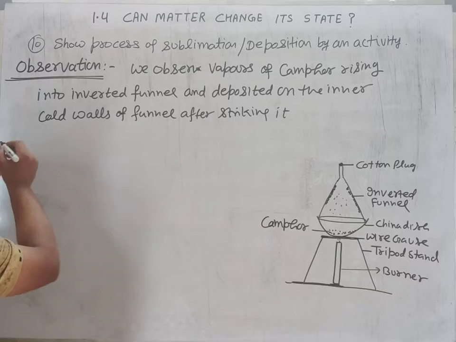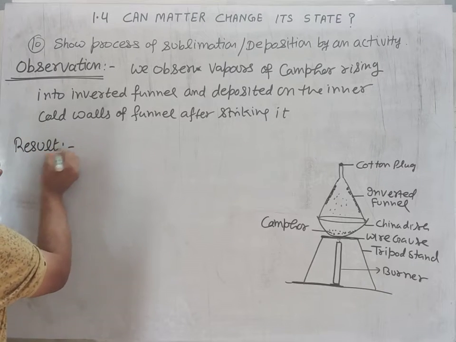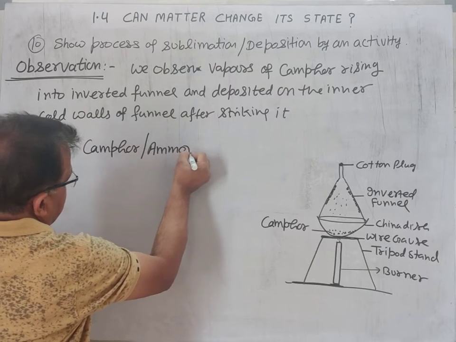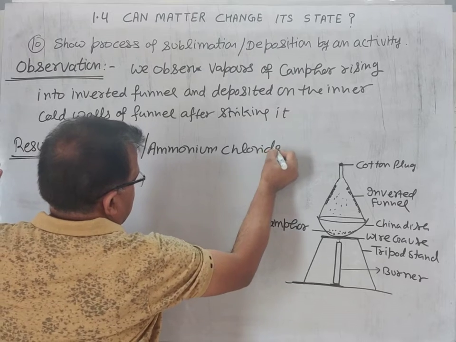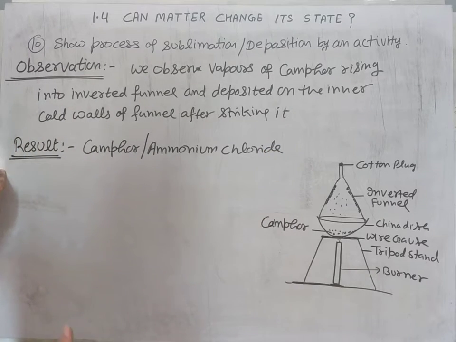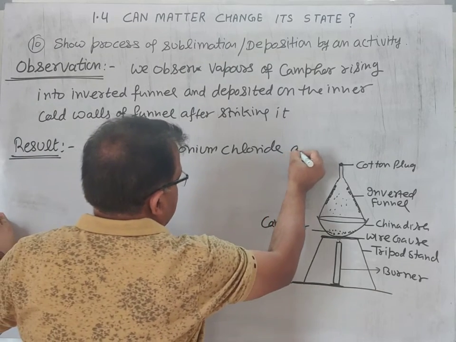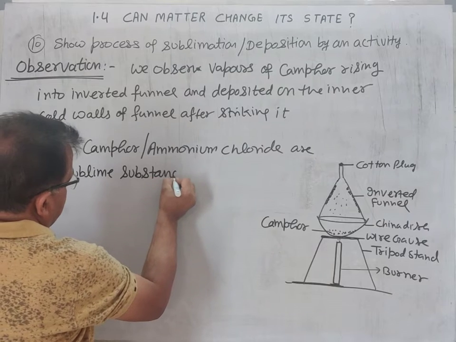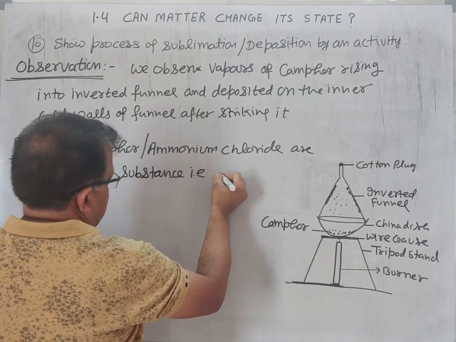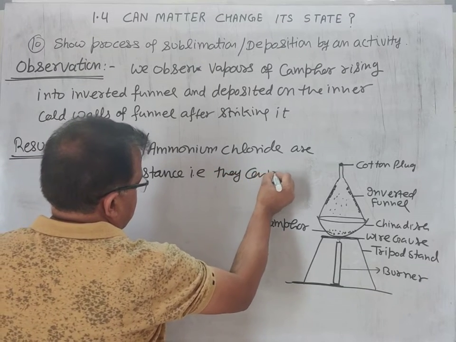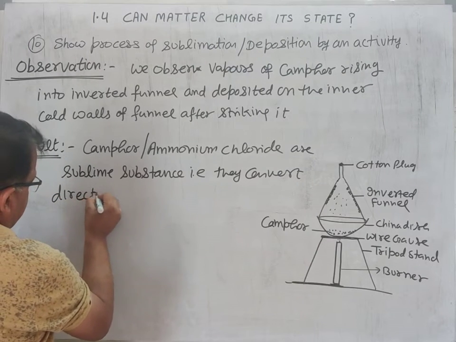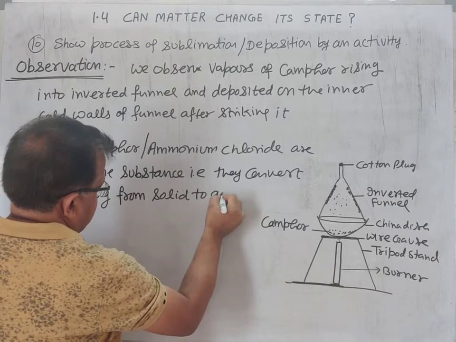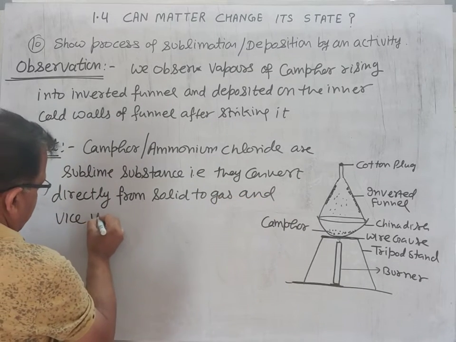So this result is: camphor or ammonium chloride, whichever is asked in question or what you have taken as a material, are sublime substances, that is, they convert directly from solid to gas and vice versa.